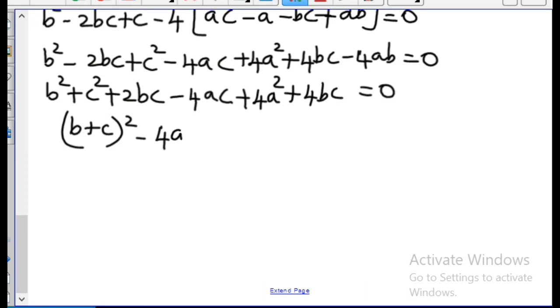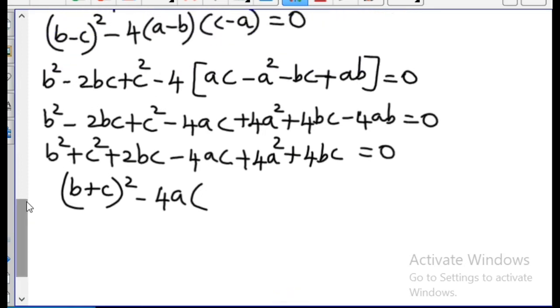Taking minus 4a outside, the remaining term will be b plus c. b plus c whole square minus 4a, minus 4ac, minus into minus plus 4a square minus 4bc minus 4ab equal to 0. Take minus 4 outside. So the answer will be plus 4a square. You take it as outside only.